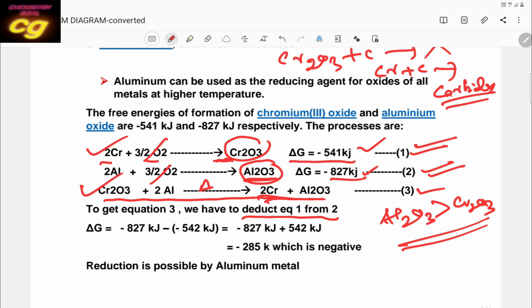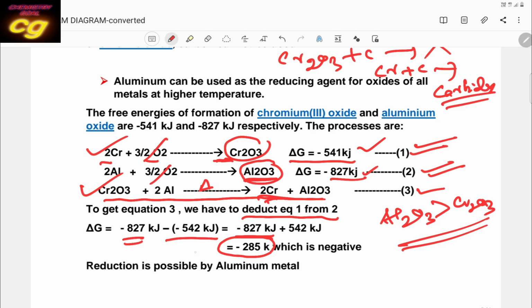That means here you will get minus 827, minus 542, because equation 2 has this value and equation 1 has this value. So minus of minus is plus, and the result will be minus 285 kilojoule. This result is coming with a negative sign.